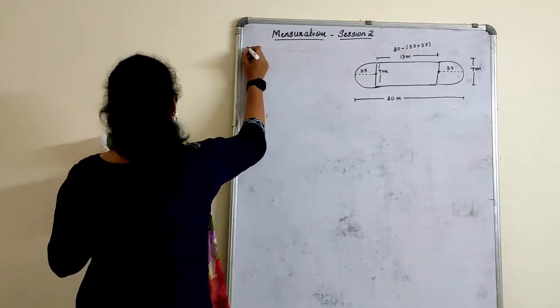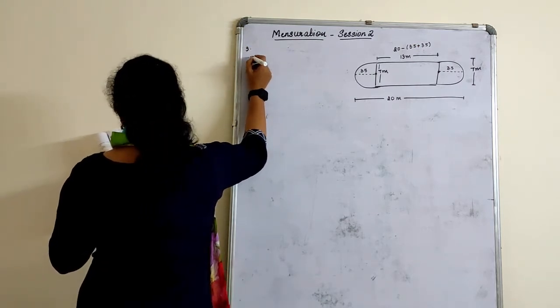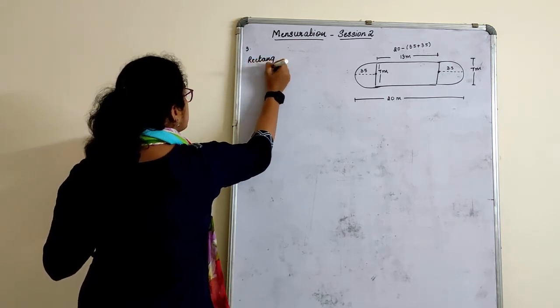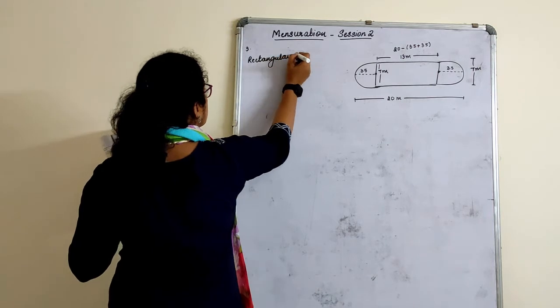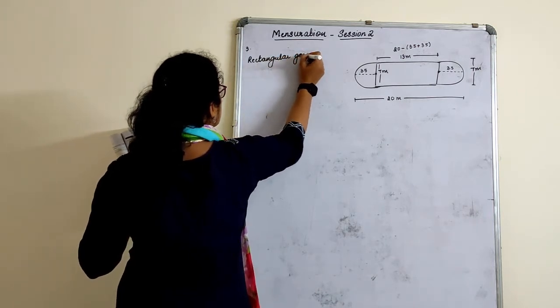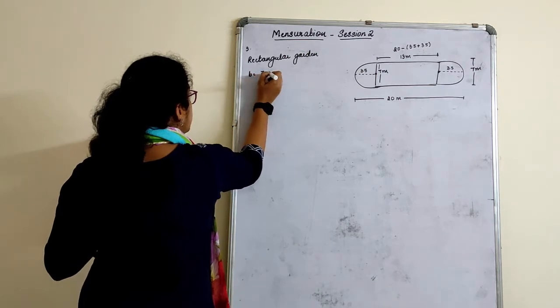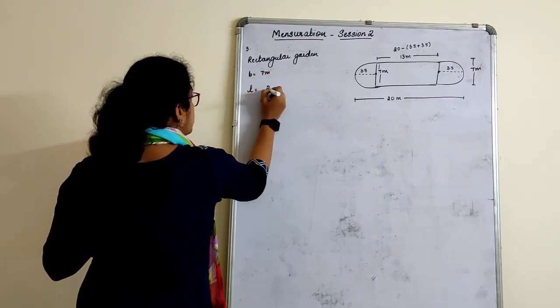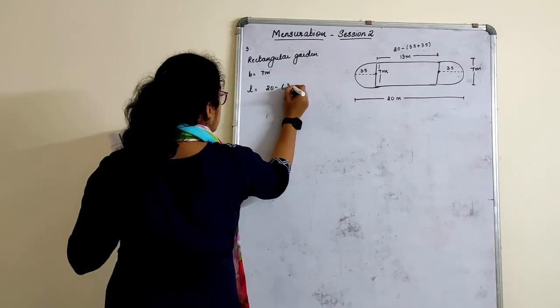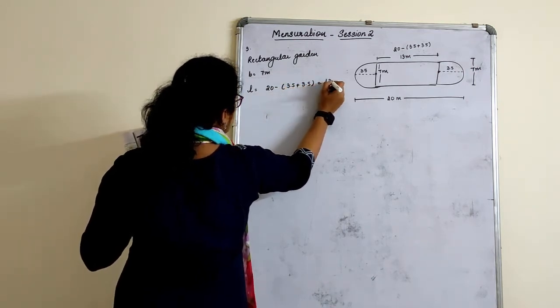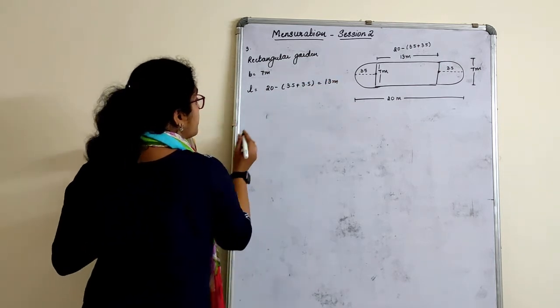Question number 3. For the rectangular garden, breadth is 7 meter, length is 20 minus 3.5 plus 3.5, that is equal to 13 meter.